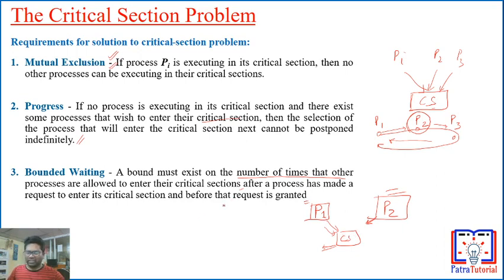For the critical section problem, we have to provide a protocol, and that protocol must satisfy these three conditions: mutual exclusion, progress, and third, bounded waiting. Mutual exclusion and progress are compulsory or mandatory conditions.